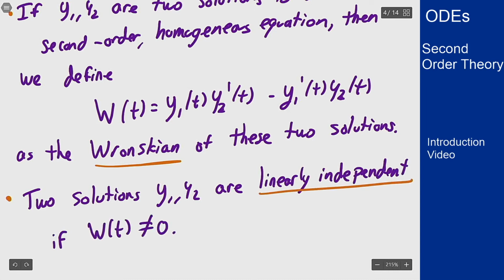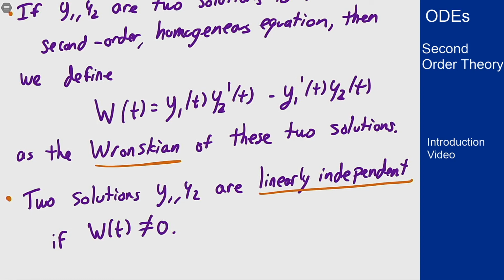These are all really ways to talk about the same thing, this idea of a fundamental set or a basis of solutions, meaning that these two solutions can generate all possible solutions of the initial value problem provided they meet one of these conditions: linearly independent, the Wronskian is non-zero, or that expression is not zero. All of these are equivalent to saying these two generate a fundamental set of solutions, and I can meet any initial condition that I want with a linear combination of these two solutions.